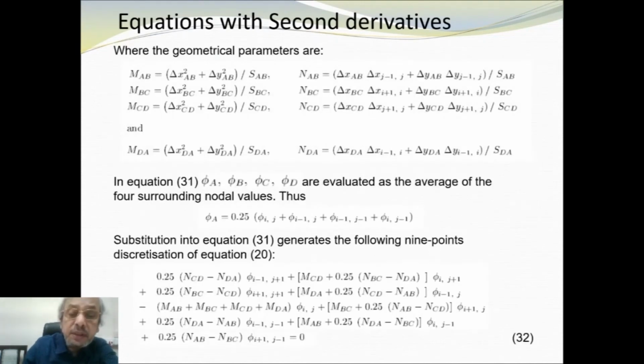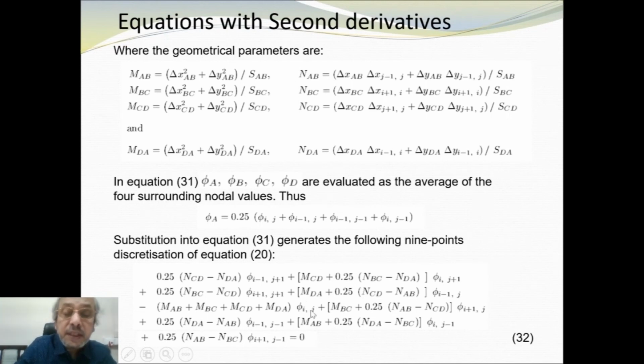And in the equation 32, if we carefully now look at it, every phi term is having some coefficient. Now phi ij is having coefficient MAB plus MBC plus MCD plus MDA, and this equation is equal to 0.